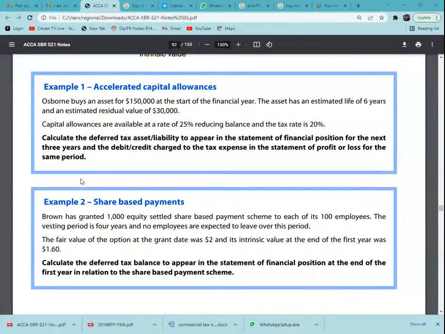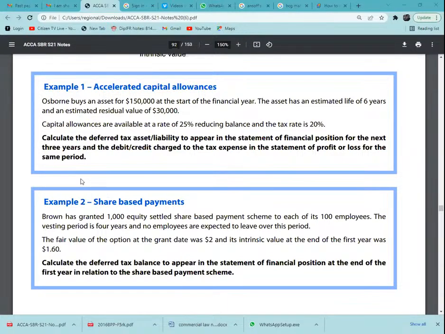So we have 1,000 shares times 100 employees. Brown has granted 1,000 equity share-based payments to each of its 100 employees.